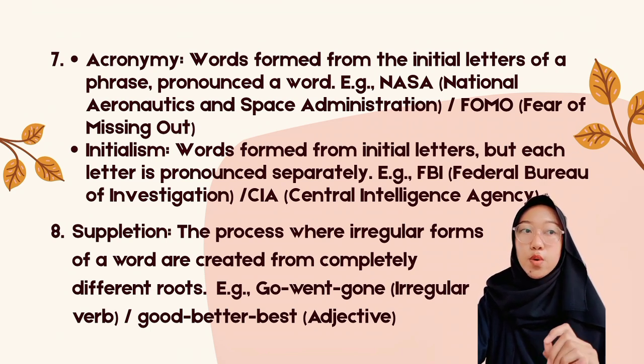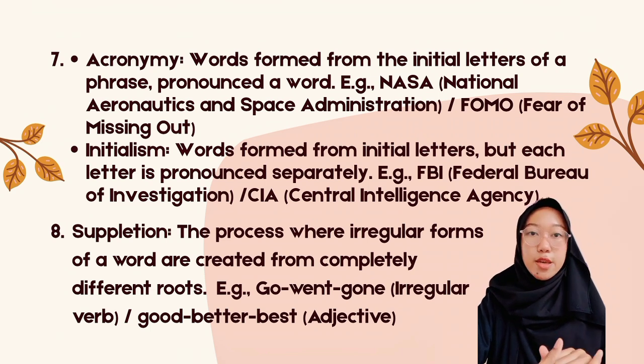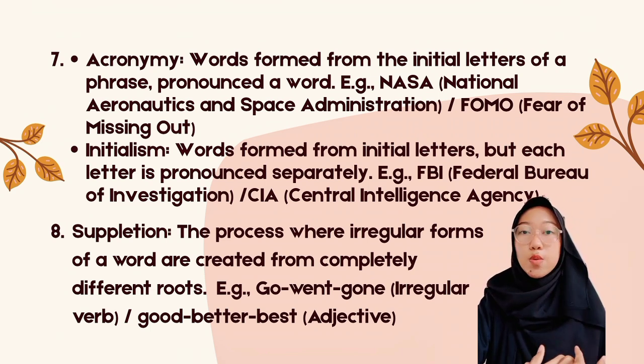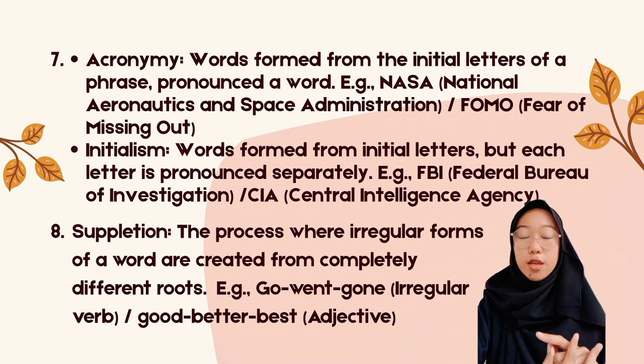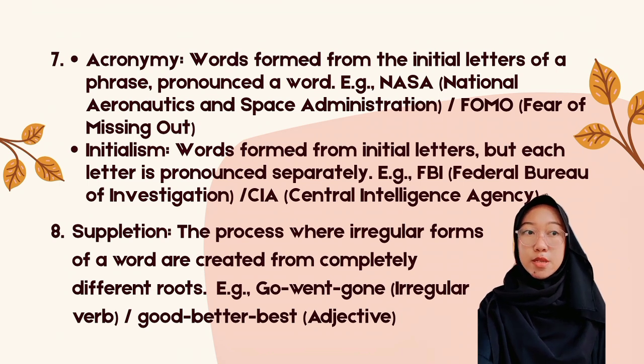Acronyms are words formed from the initial letters of a phrase and pronounced as a word. For example, NASA and FOMO. Initialism is also a word formed from initial letters, but each letter is pronounced separately. For example, FBI or CIA, something like that.